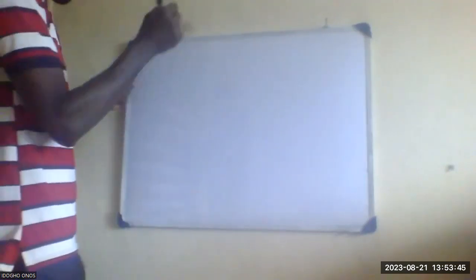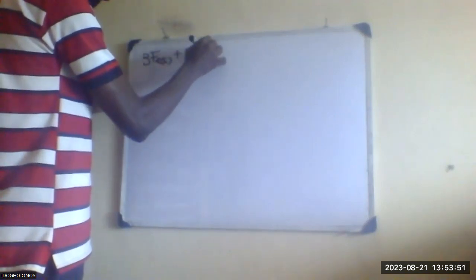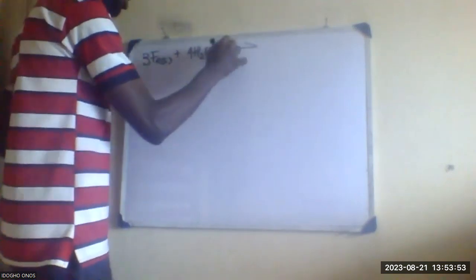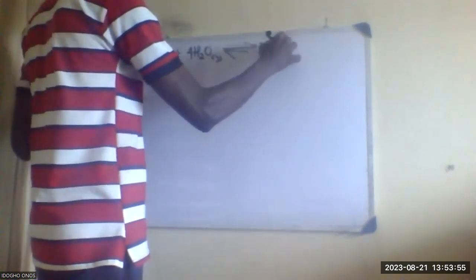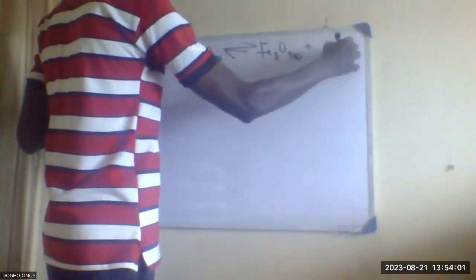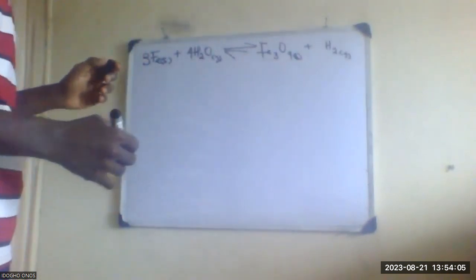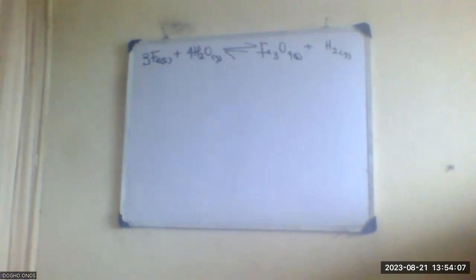And the last equation is what? 3Fe, I think that's solid, plus 4H2O, which is gas, giving me Fe3O4, this should be solid, plus H2, gas. Right? Okay. This was the equation that I said you should write before. What is missing?